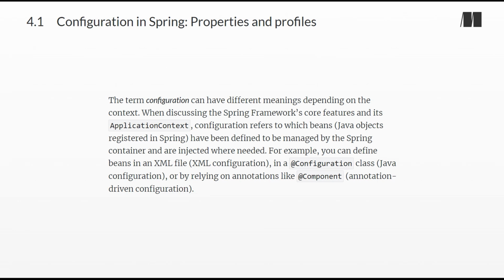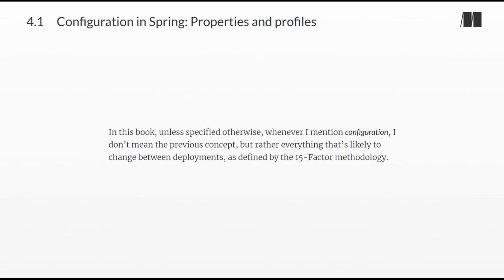For example, you can define beans in an XML file, XML configuration, in a configuration class, Java configuration, or by relying on annotations like component, annotation-driven configuration. In this book, unless specified otherwise, whenever I mention configuration, I don't mean the previous concept, but rather everything that's likely to change between deployments as defined by the 15-factor methodology.